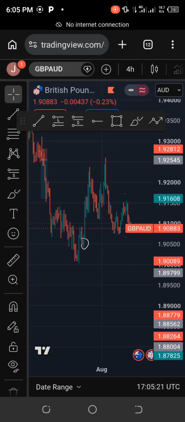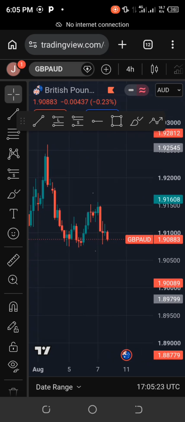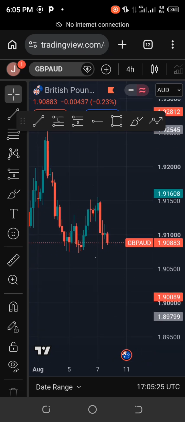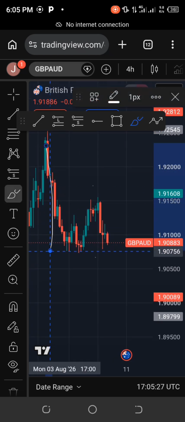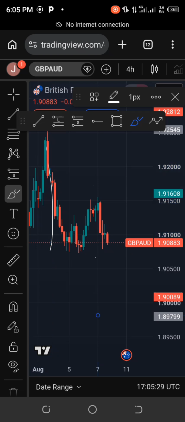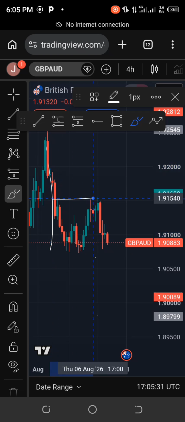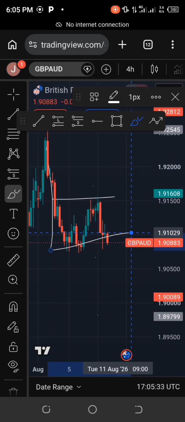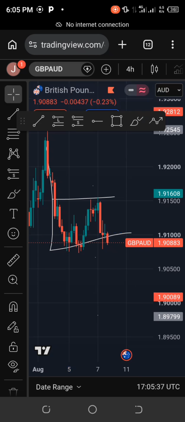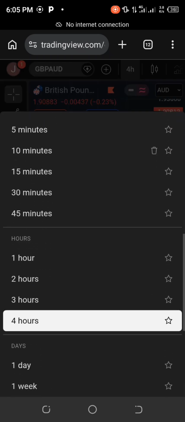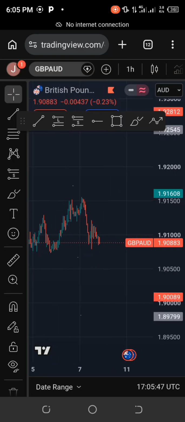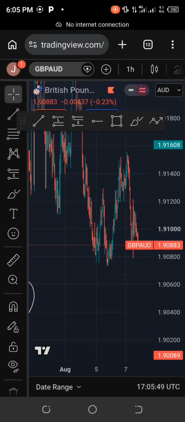Right, we are on the 4 hour, and you can see we are coming from a little bit of impulse followed by a sideways movement. So this is basically our impulse, correction, and a continuation. That is just the whole idea, and I want to show you what I'm looking out for the new week. Let's head to the 1 hour so you can see it for what it is.